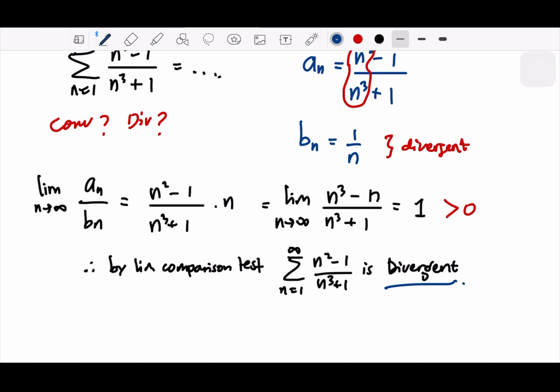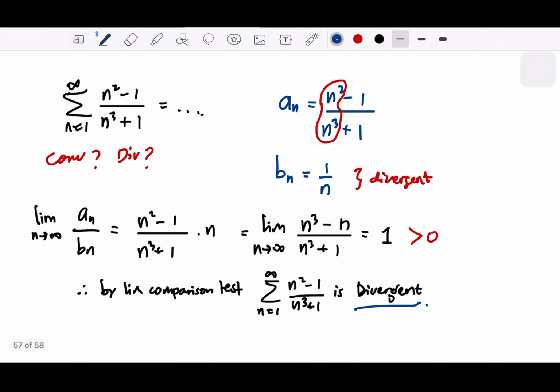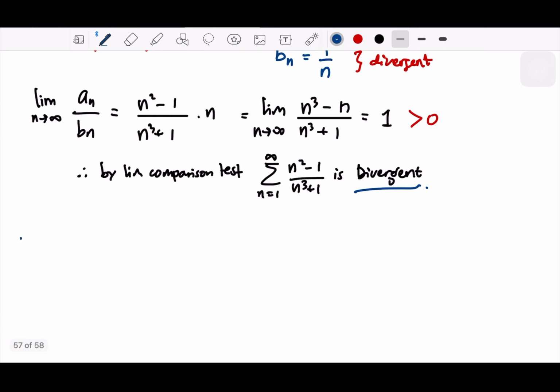Okay, maybe the next one is, this is A, this is B. Maybe we start from the simple one.